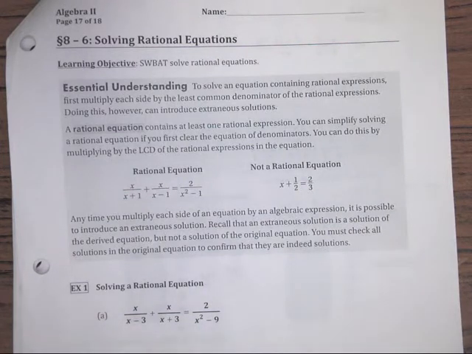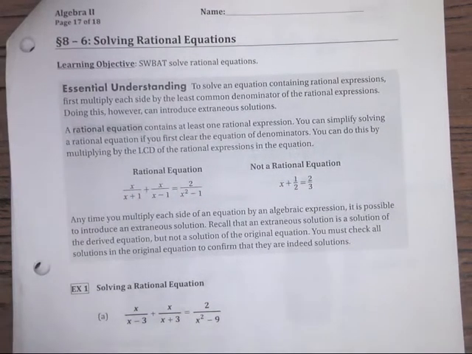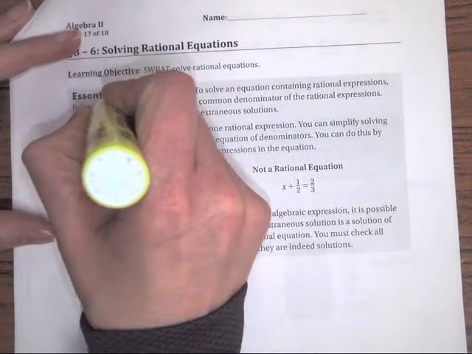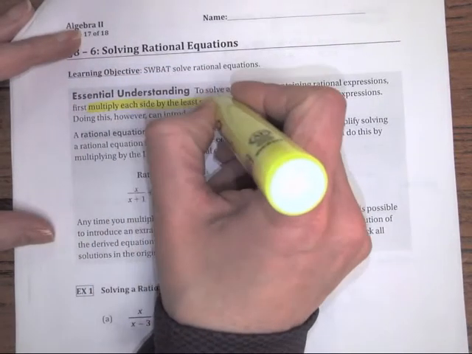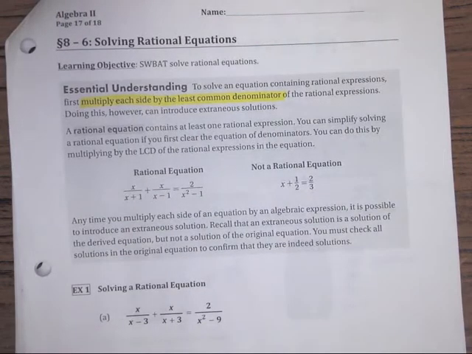This is one of them. So we have to do a check for that when we are solving a rational equation. Now, the strategy for solving a rational equation is actually right up here, and that is to multiply each side by the least common denominator.